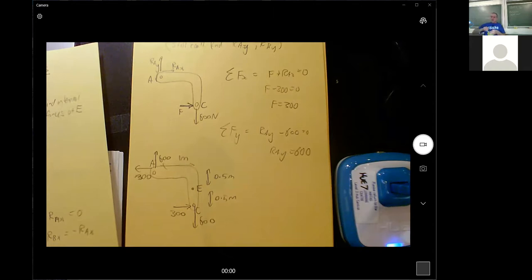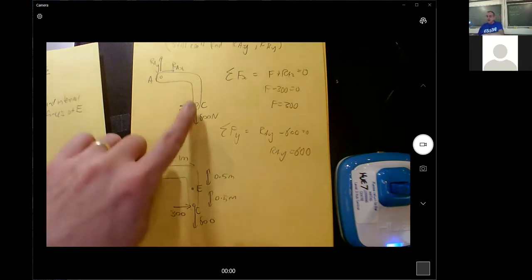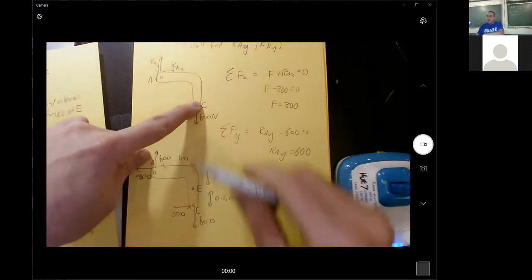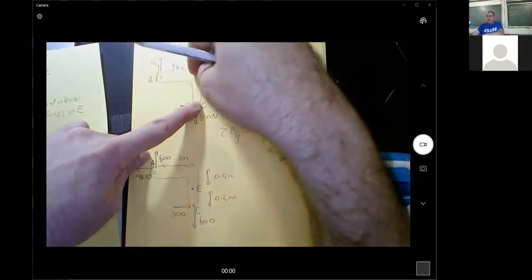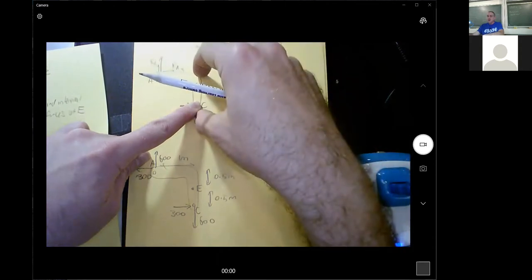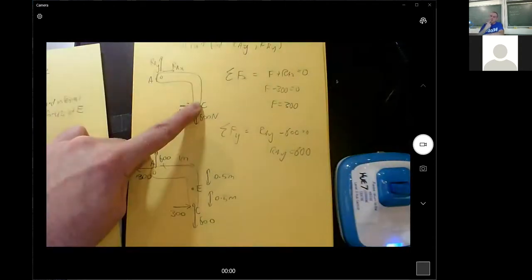And then, should have picked an easier one. Yeah. I just want to check something. If I do the moments around this point, then this is 1 away, and this is 1 away too.